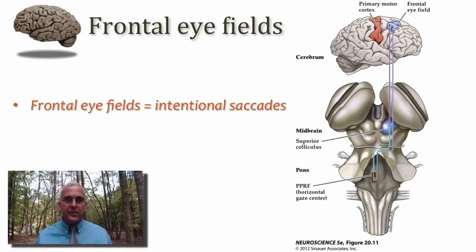So that's important to keep in mind if you're in a clinical setting and you're taking care of a patient that perhaps has had a stroke in this anterior part of the premotor cortex. You may notice that this patient doesn't generate a lot of voluntary eye movements across the midline to the side opposite the stroke.